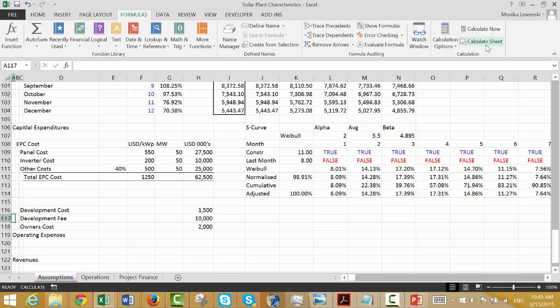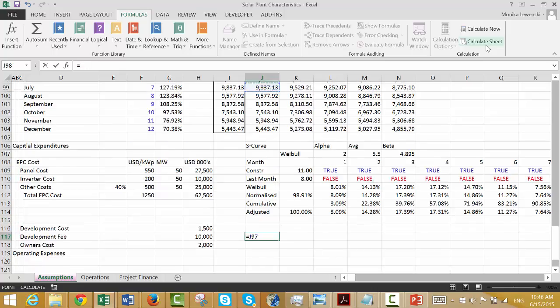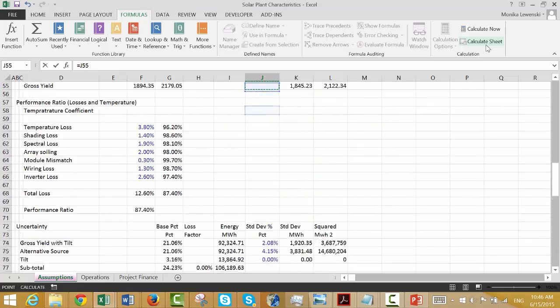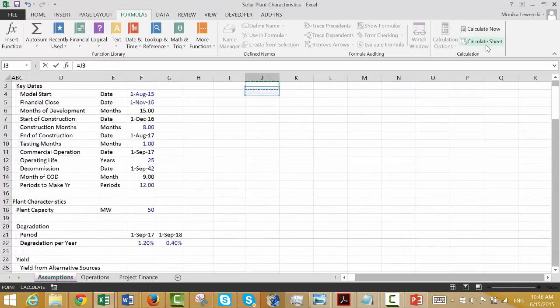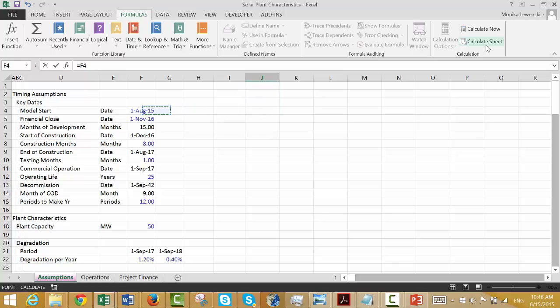The development costs, we don't really have the S-curve for this, so we'll put that equal over the development period. And the development fee, let's assume that occurs at the financial close. It might occur at a different time.